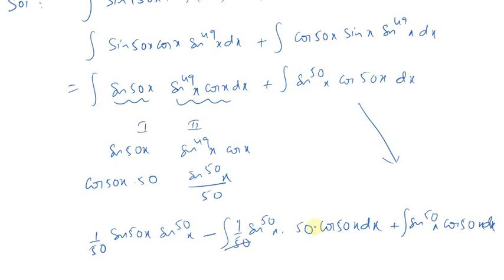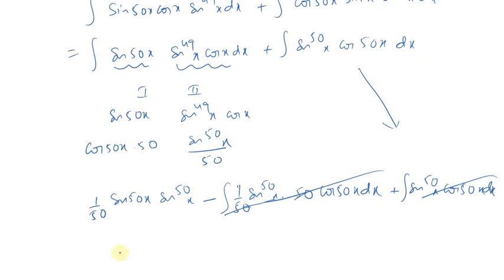So this 50 gets cancelled and you are getting sine power 50x into cos 50x dx, and both of these quantities are the same, so let me strike out these two. So this will be the final solution: 1 by 50 into sine 50x into sine power 50x plus c.